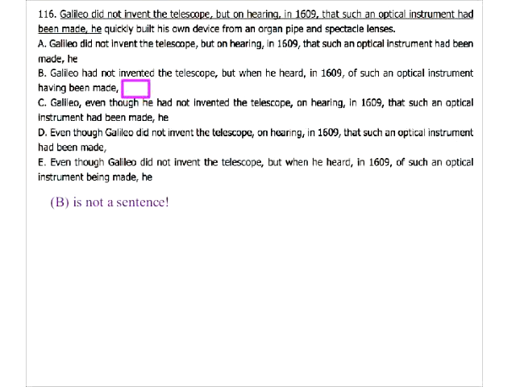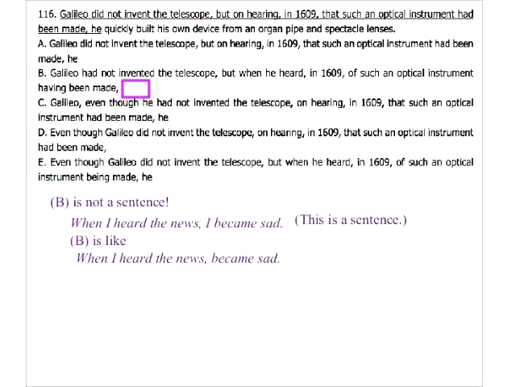Here's an example of a sentence that's really a sentence: when I heard the news, I became sad. That's a real sentence. Whereas B is like writing, when I heard the news, comma, became sad.